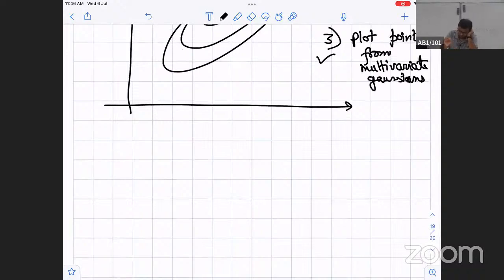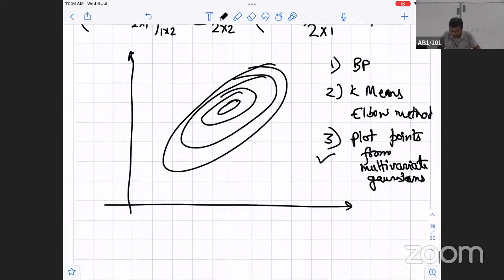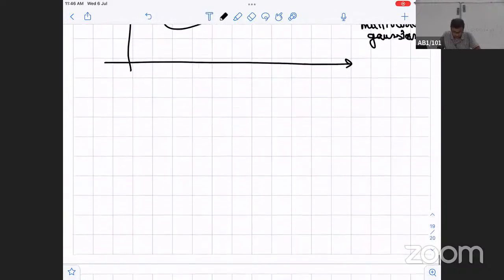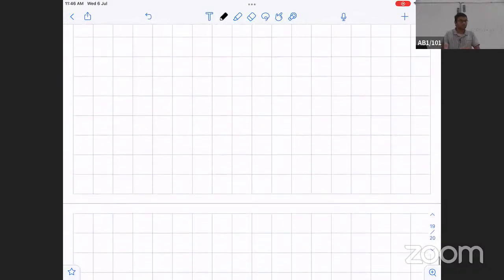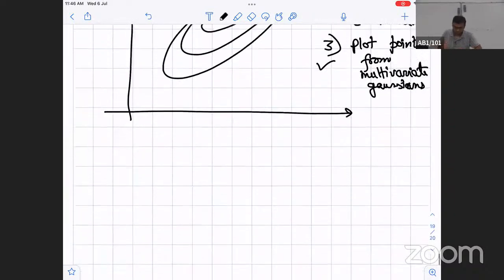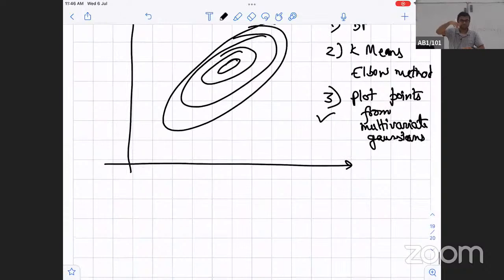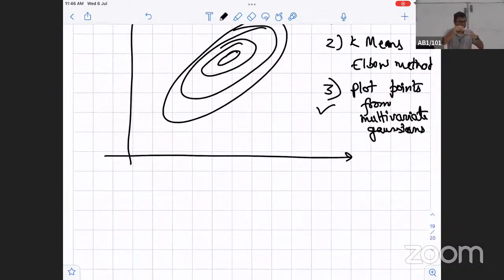So we have all this now. Now what is the whole idea? The whole idea is your points are not coming from simple circular shapes, but from these kinds of weird shapes.